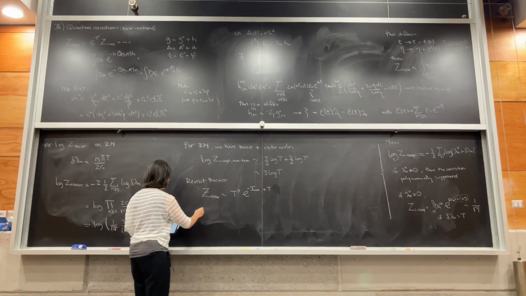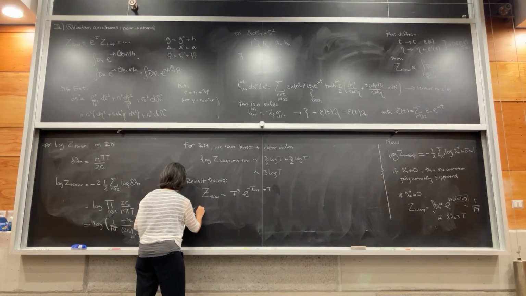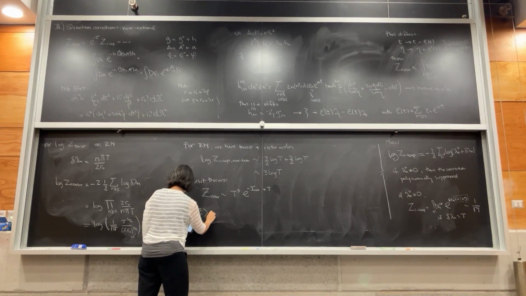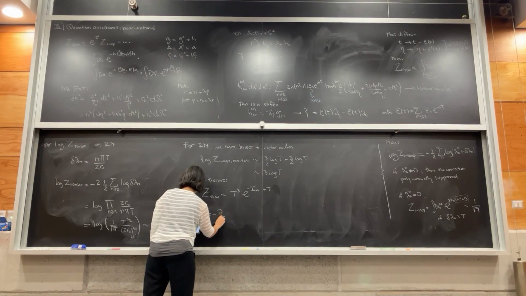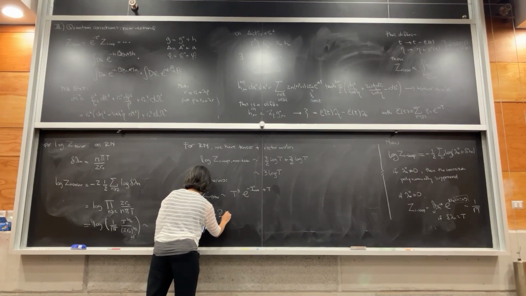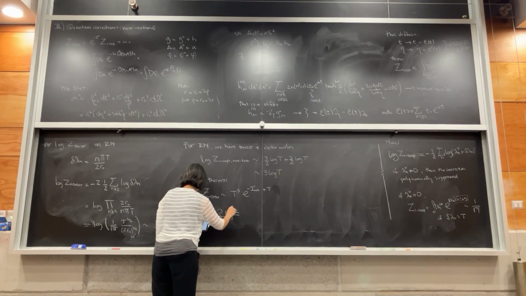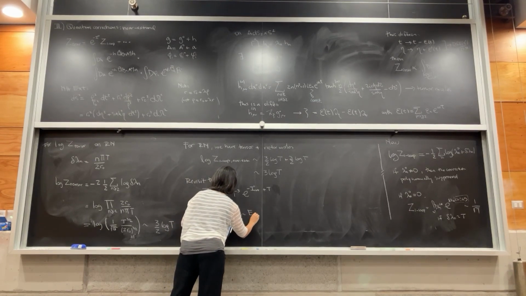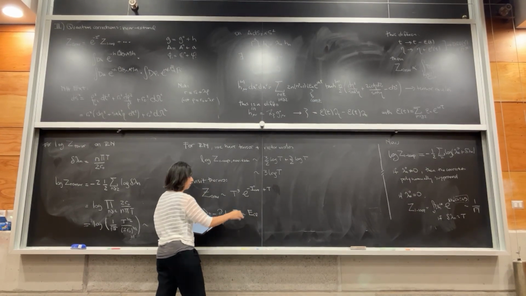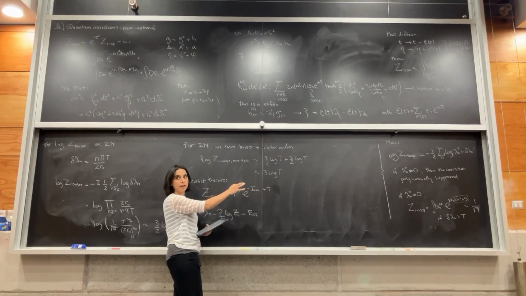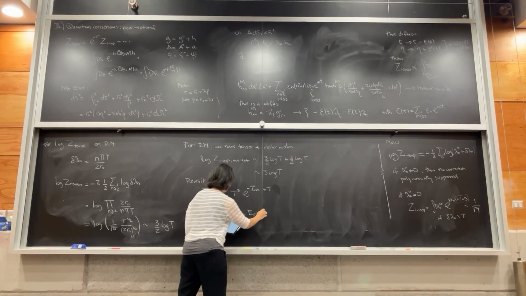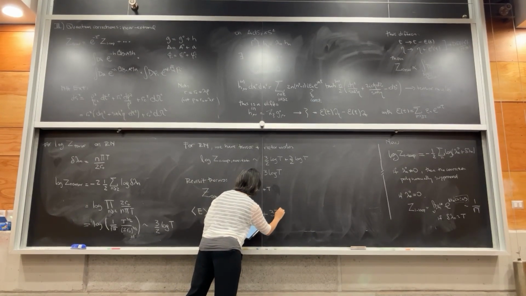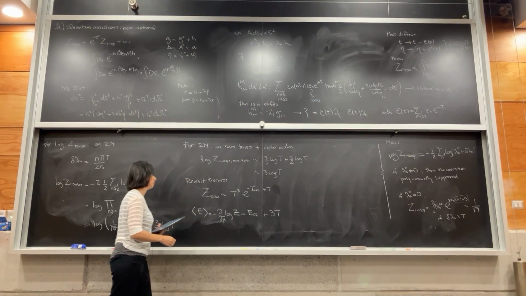Okay? So now if I compute the energy, I will get whatever I get classically, basically what will come from the exponent up there, plus now a linear correction in temperature.